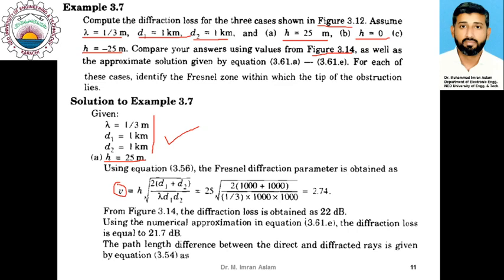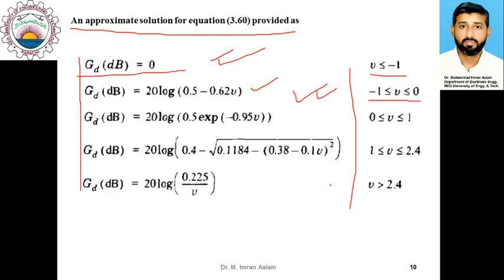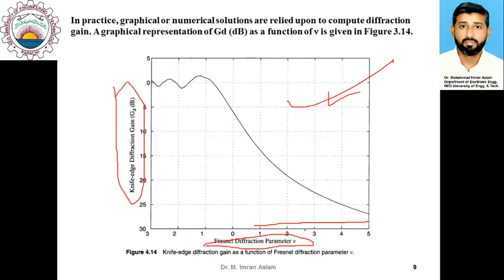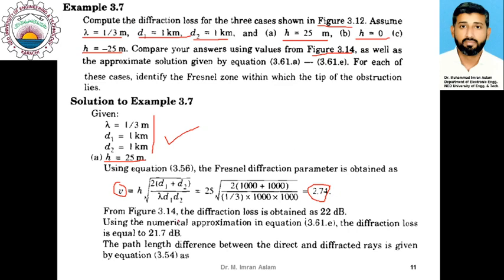You can directly substitute all the values, and you would see that nu comes out to be 2.74. If you draw a vertical line from 2.74 on the graph, you can estimate the diffraction gain, which comes out to be 22 dB.